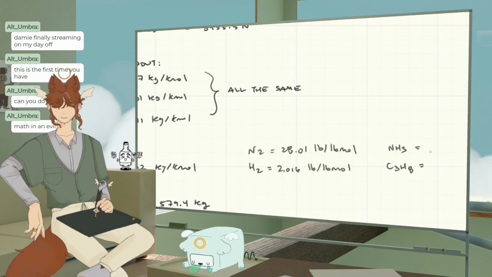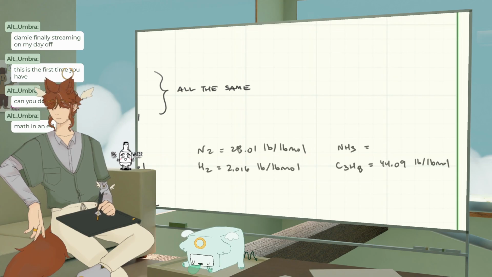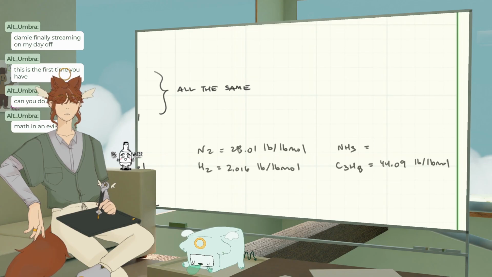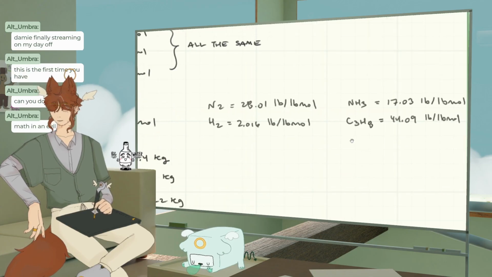Some heptane, hexane. I don't know. I'm gonna turn the gain up just a little bit. Oh, no, what? Propane. 44.09. And then NH3 is... oh, right up there, ammonia. I don't know my formula names very well, let's be real. I don't do a lot of chemistry.